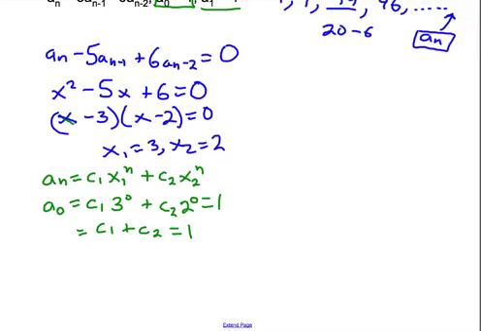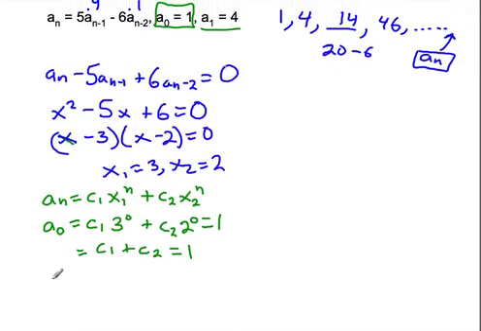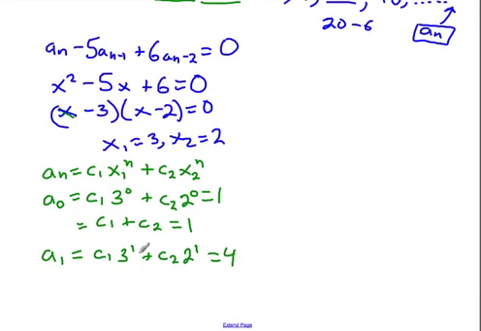Our other initial condition is that a1 equals 4, so a sub 1 equals c1 times 3 to the power of 1 plus c2 times 2 to the power of 1, that equals 4. So we have 3c1 plus 2c2 equals 4.